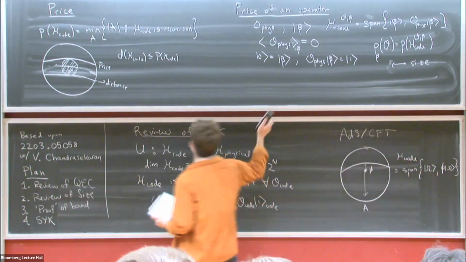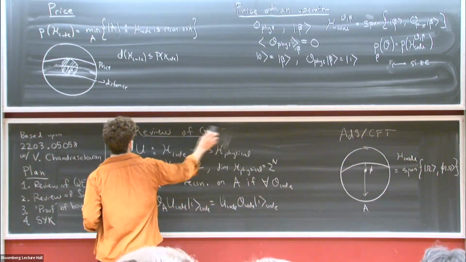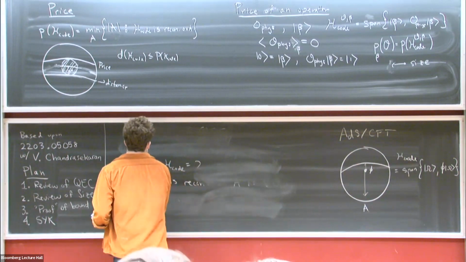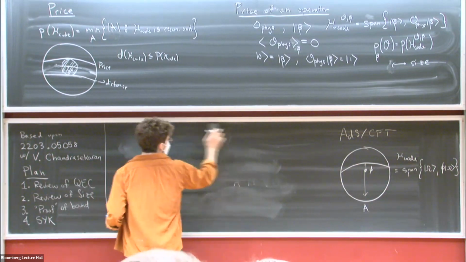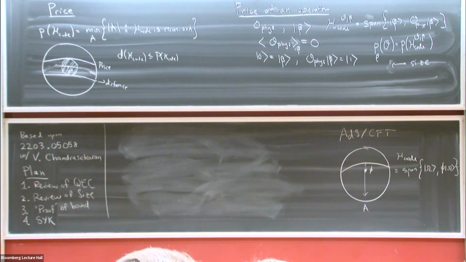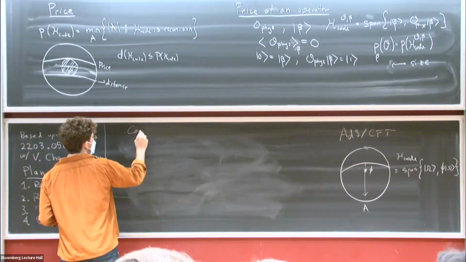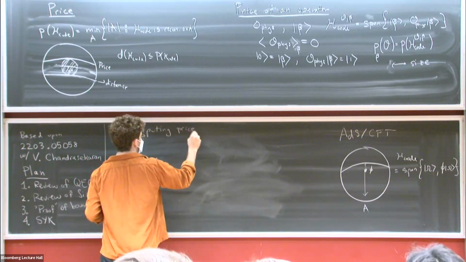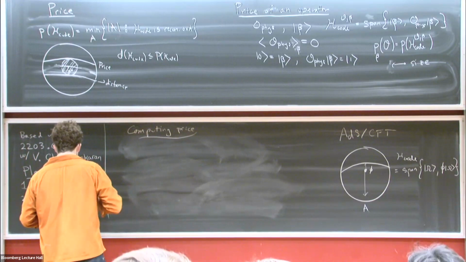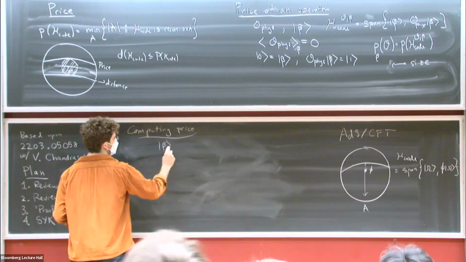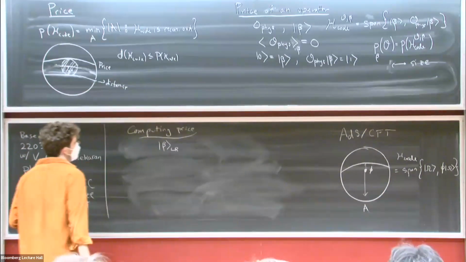Let me just mention how you might compute something like this. Well, the way we computed it, or one way you could compute it: computing the price. In our case, the reference state beta is the thermofield double state.